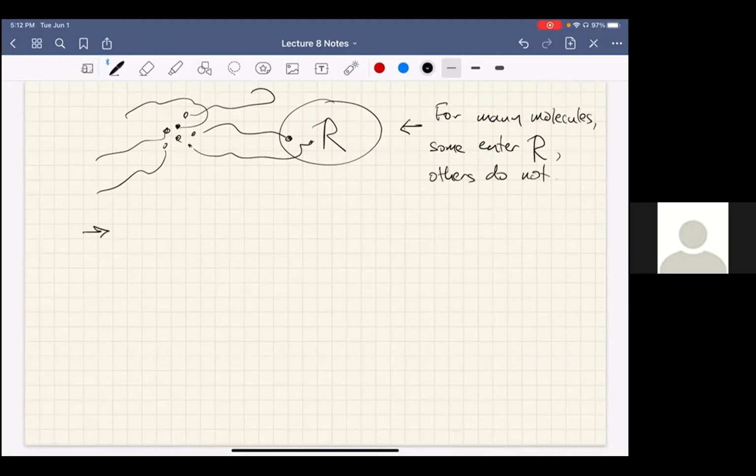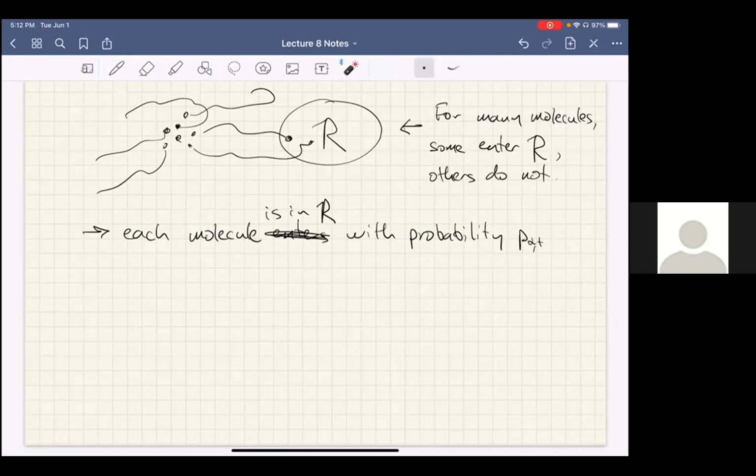But the key observation is each molecule is in R with probability P alpha t. So, maybe instead of enters, it's better to say is in R. In other words, I'm taking snapshots at a particular time t, and I'm asking, are they in R or not?